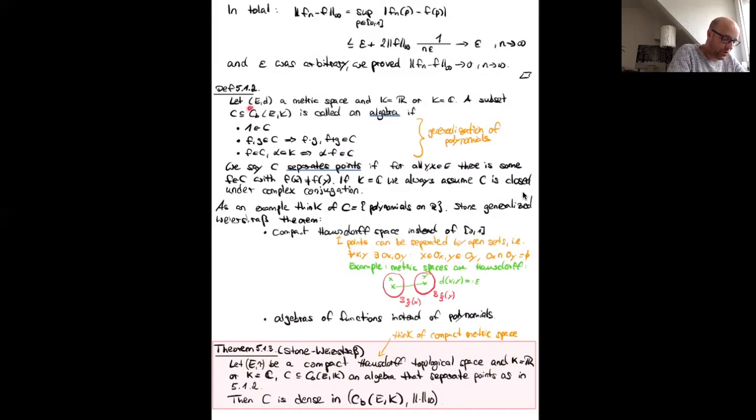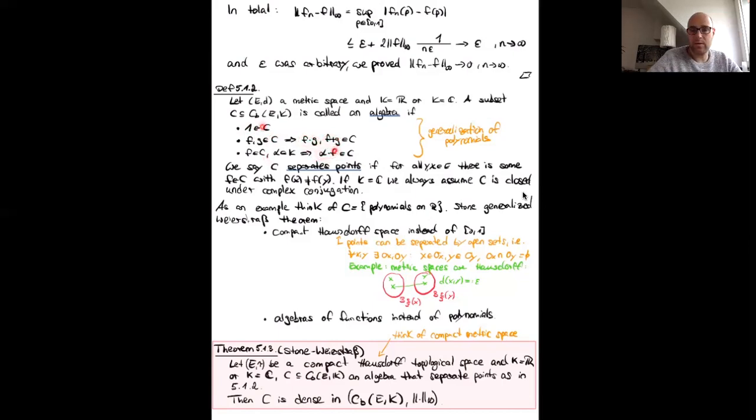So take some nice space, then choose the field R or C, and then we're studying functions from E to either R or C, which we just abbreviate with K. A subset of the bounded and continuous functions, which we call C, is called an algebra if constants are in C, the constant 1 function actually, C is closed under multiplication and addition, and C is closed under scalar multiplication.